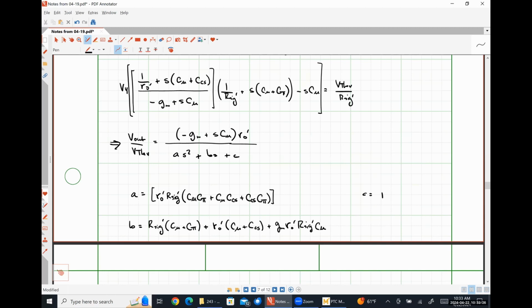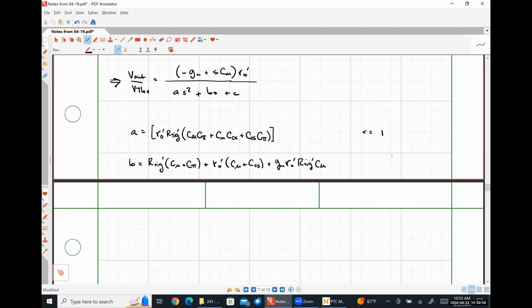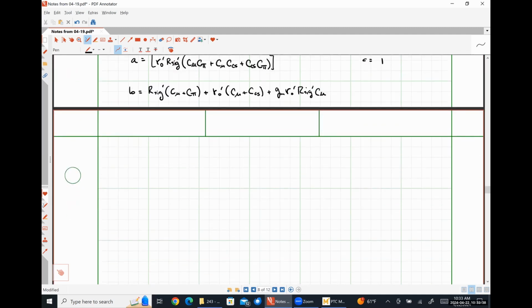All right. So our denominator is giving us our poles. That's just the quadratic equation. I'll write it down in a minute, but it's the same exact thing that we saw earlier. Okay. So looking at our numerator, we have negative gm plus s C mu times R naught prime.